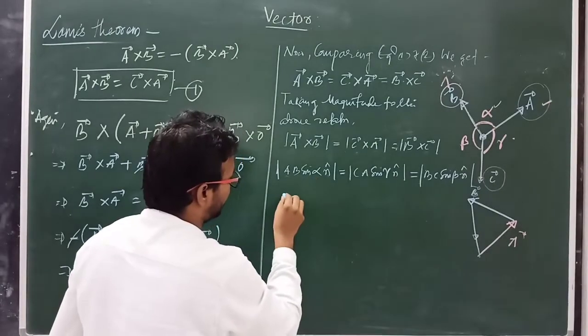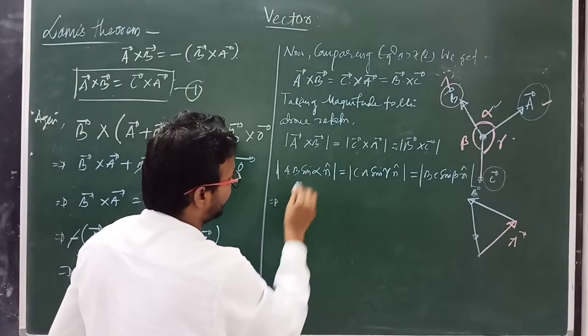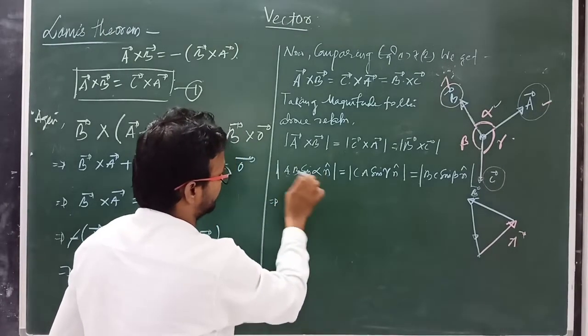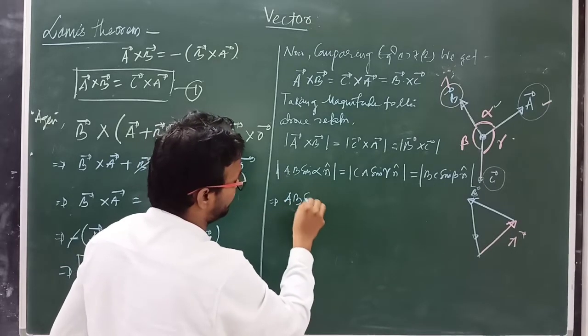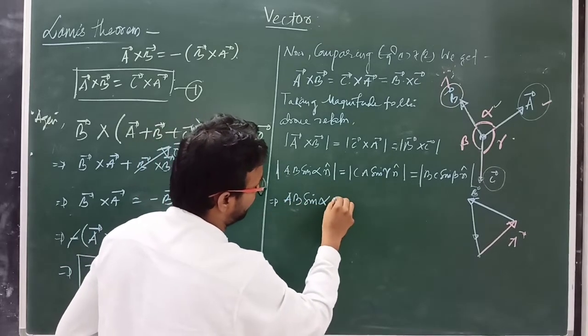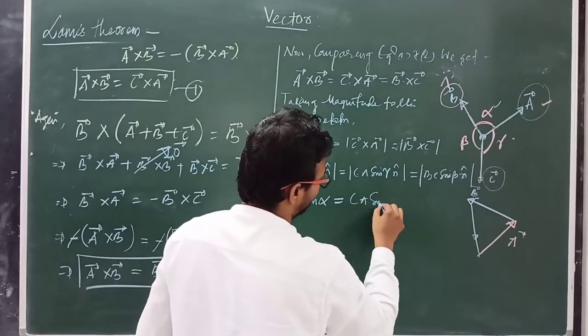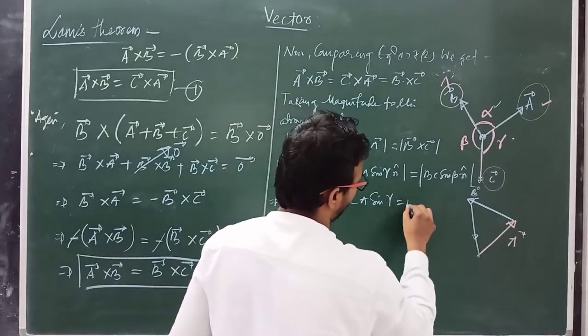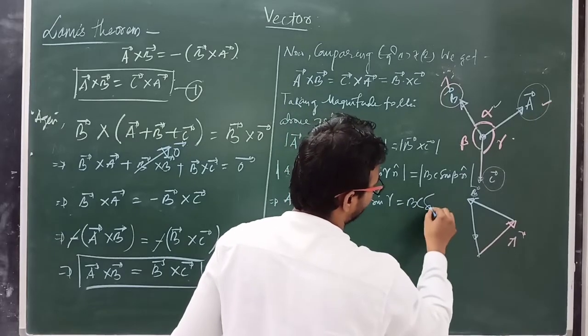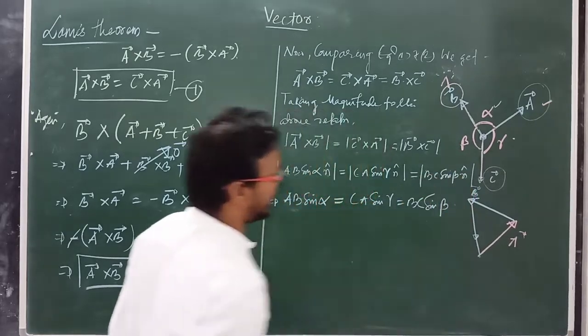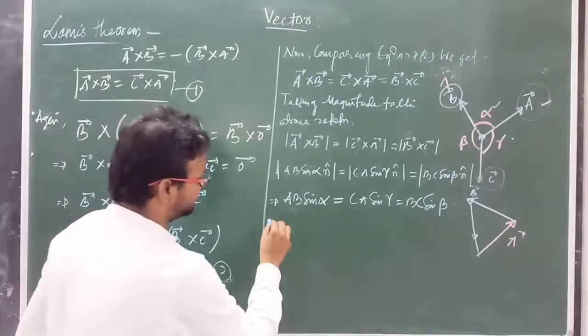So the remaining terms: we get AB sin alpha equal to CA sin gamma equal to BC sin beta. Clear?